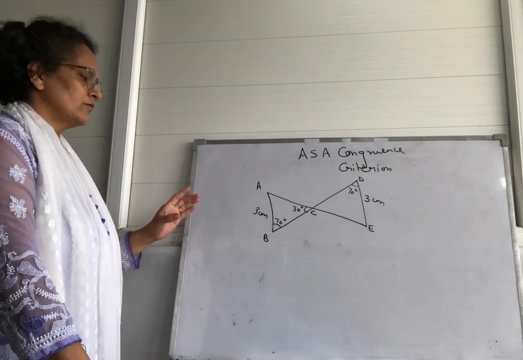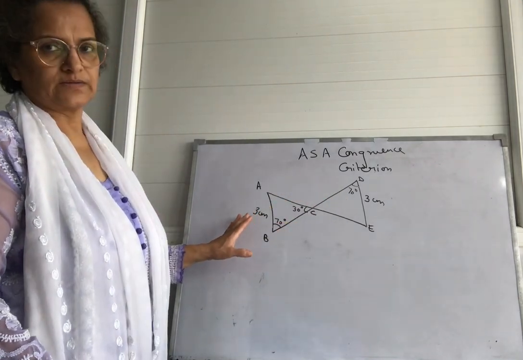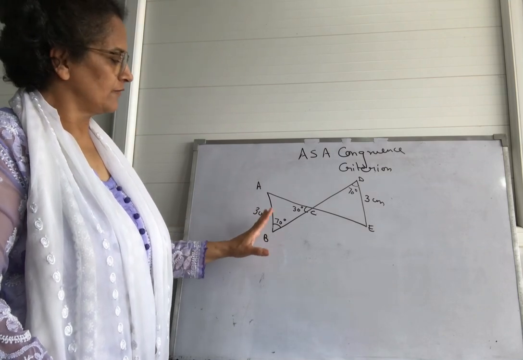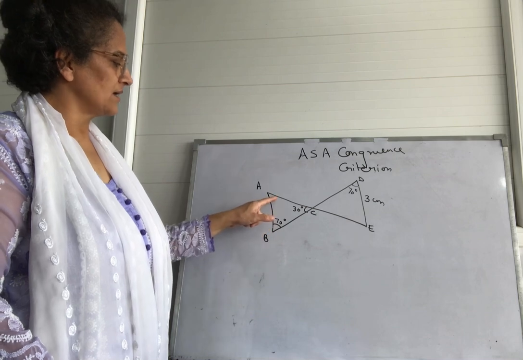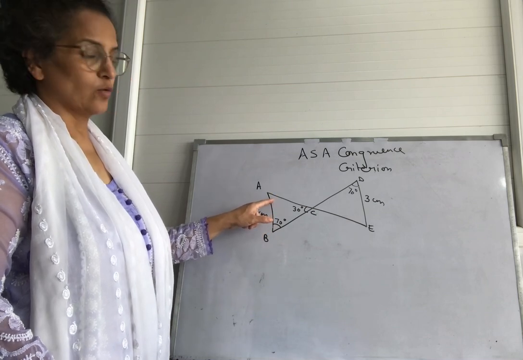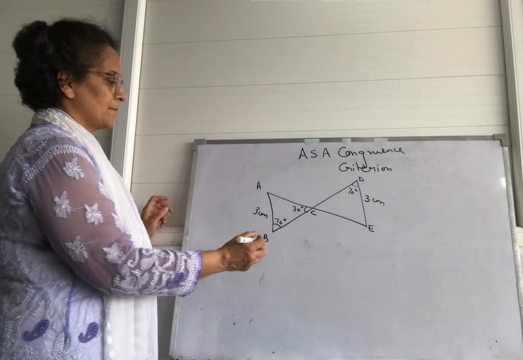Now we are going to prove the congruency of these two triangles by ASA. First thing, we have to find this angle.